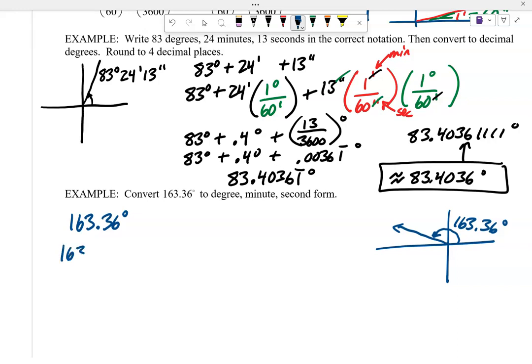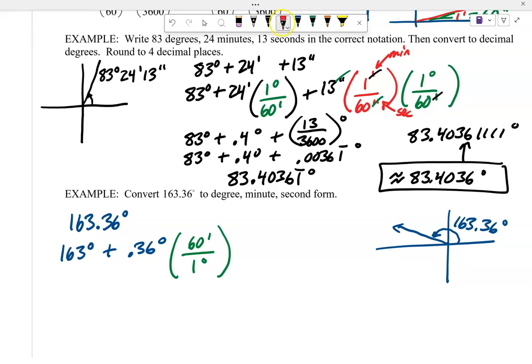So I have 163 degrees plus 0.36 degrees. So let's take the 0.36 and let's convert that to minutes.